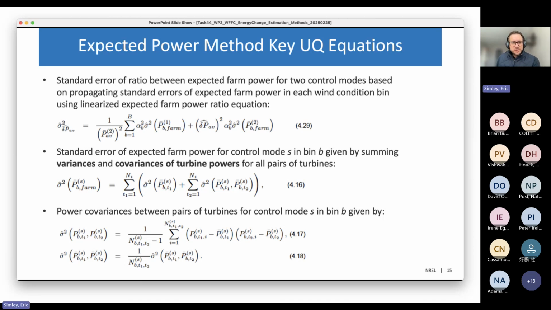So that's the top equation, and it uses the standard error of the wind farm power in each wind condition bin for the two control modes.